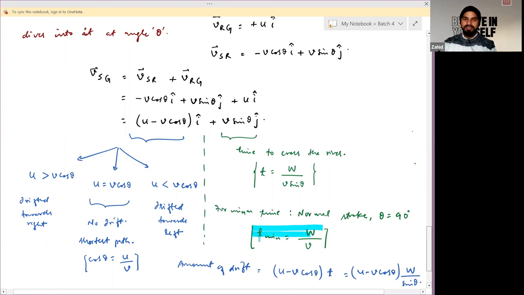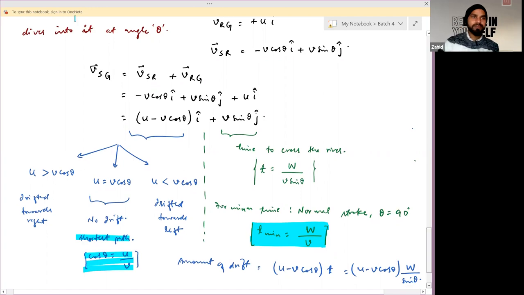So we mainly have to define, first, the minimum time to cross the river, which is this formula, also termed the normal stroke. And second, for no drift or the shortest path, theta will be this term.